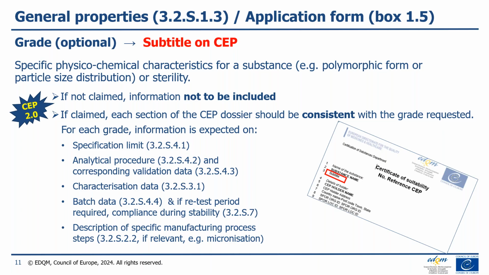For this procedure, characterization data. Also, the batch data should reflect these properties. And of course, if you are requesting for a retest period, compliance during stability should also be demonstrated. And if specific manufacturing operations are needed to get this grade, they should also be described in S22.